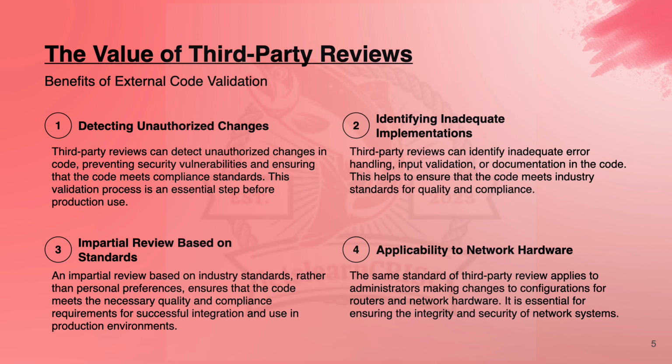Friends, it is essential for ensuring the integrity and security of the network system. The primary goal of the third-party review is to ensure integrity and security of the network system. This involves confirming that changes to the configurations align with the best practices and the security standards.